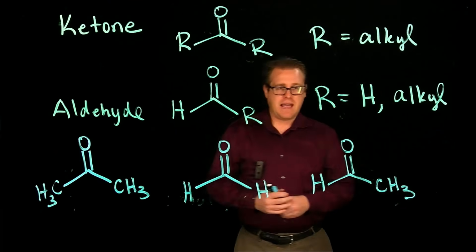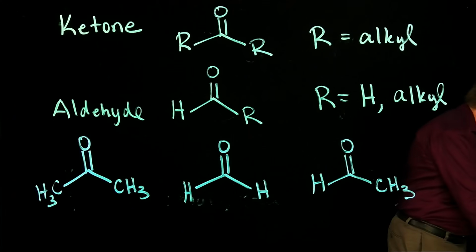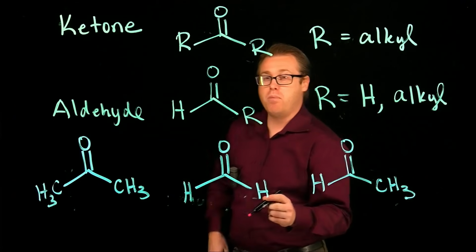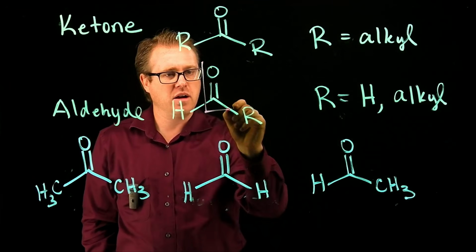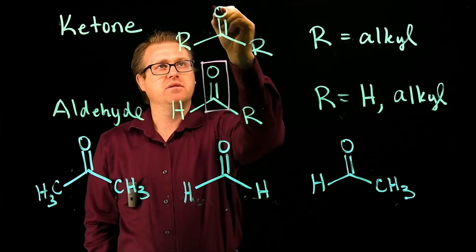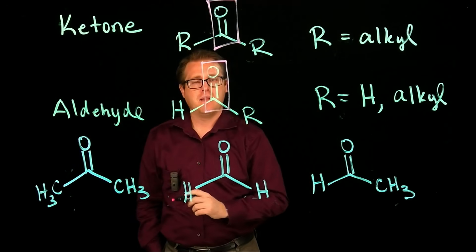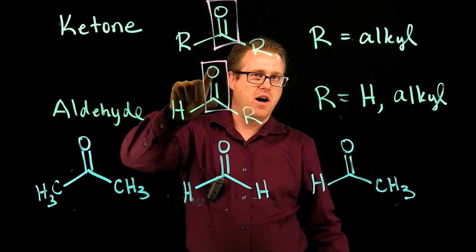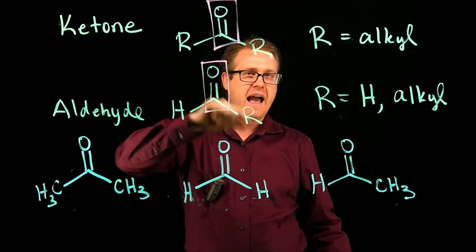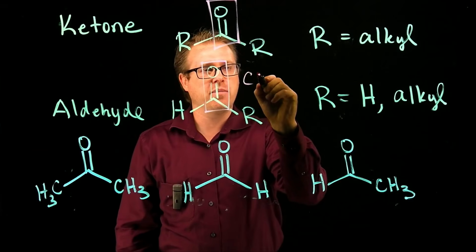Now when we look at our aldehydes and ketones, you can see that both of them have a carbon double bonded to an oxygen. You see that? That carbon double bond oxygen right there has a name, and that's called a carbonyl.